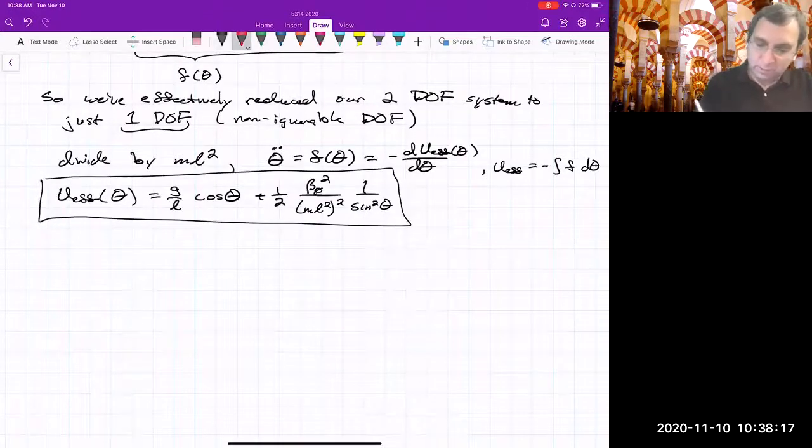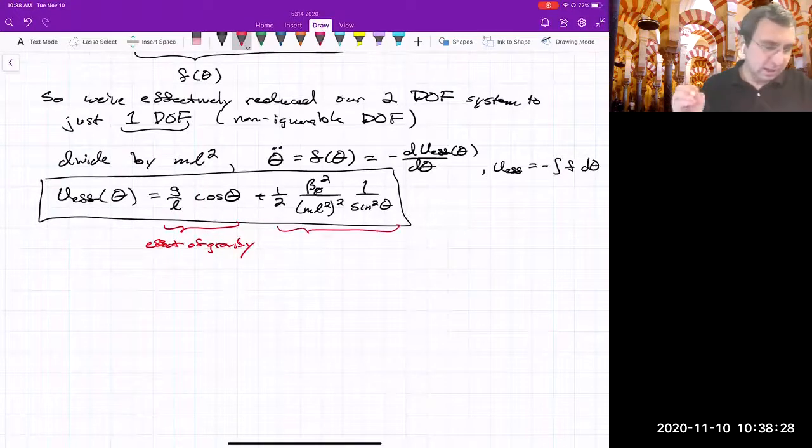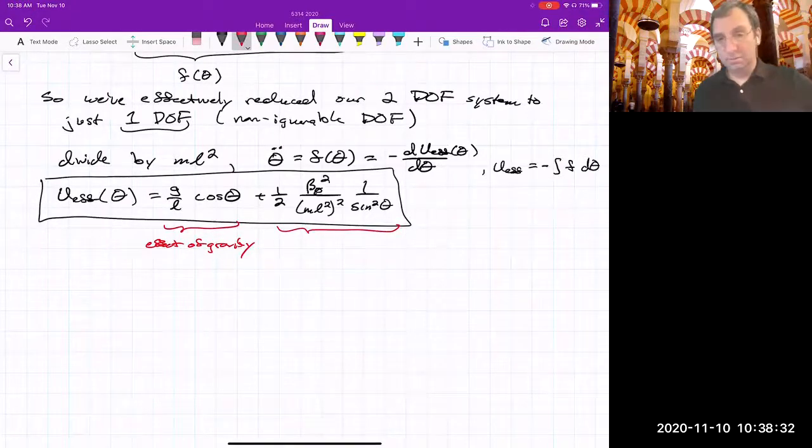Now this looks pretty weird. This is kind of familiar. This is the effect of gravity. And what is this? This is the effect of the ignorable coordinate.